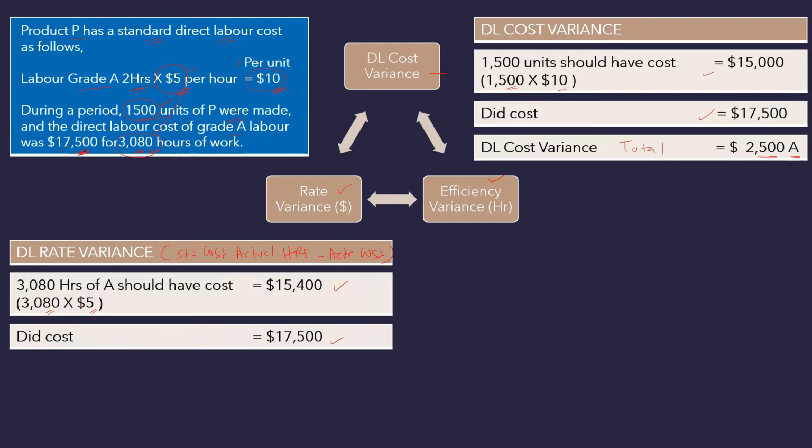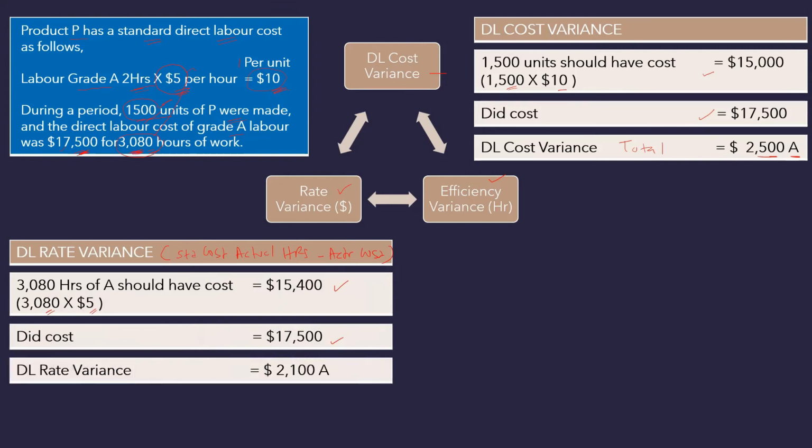We paid $17,500 for 3,080 hours. So what is the total rate variance? $2,100 adverse variance, because we were planning to incur $15,400, but we incurred $17,500. Okay, so this is the rate variance.